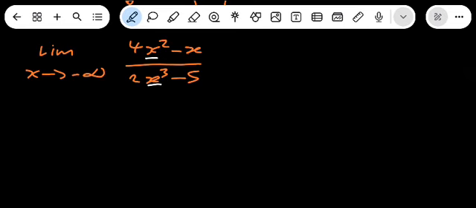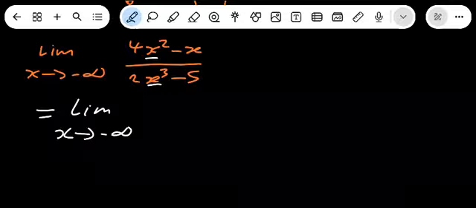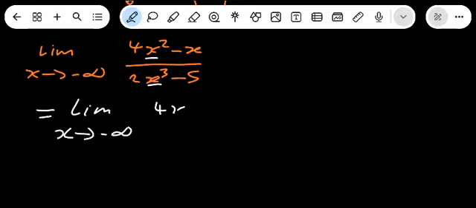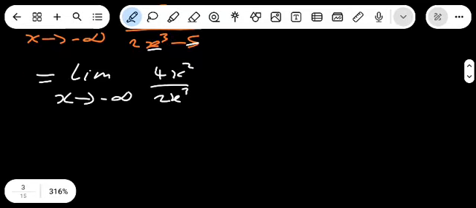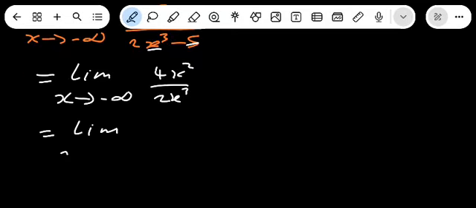So this will simply equal the limit as x approaches negative infinity of 4x squared over 2x raised to the power of 3. Just ignore the rest.